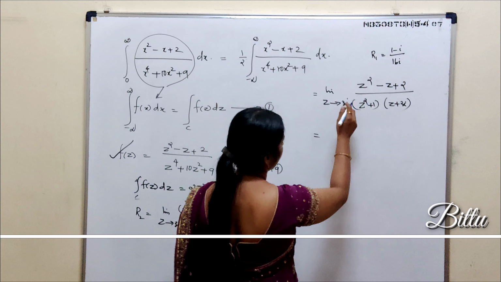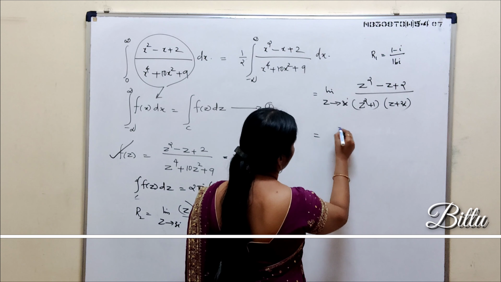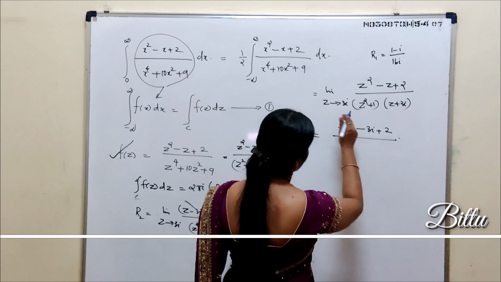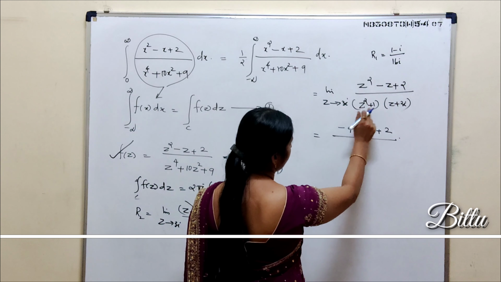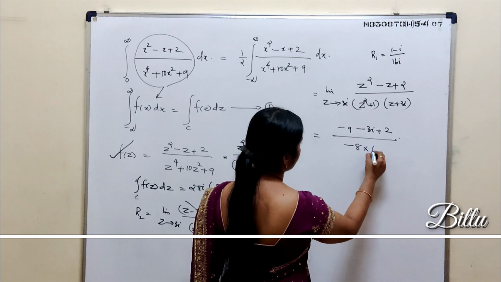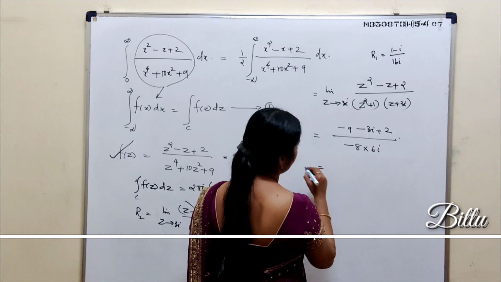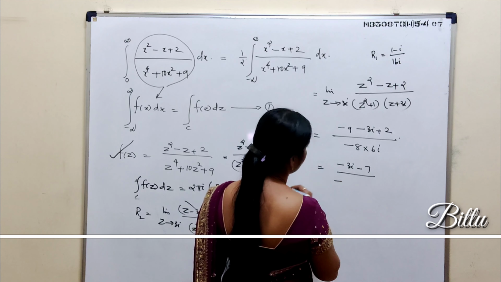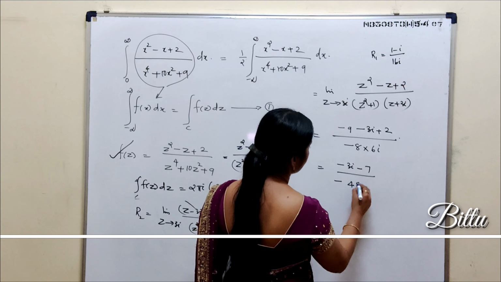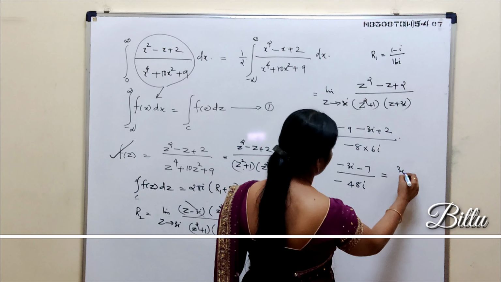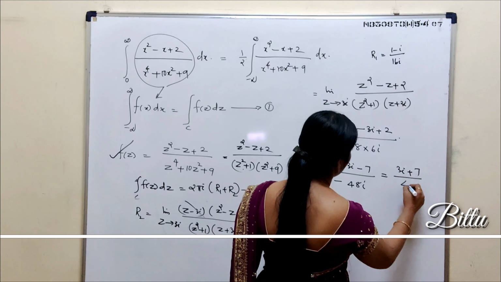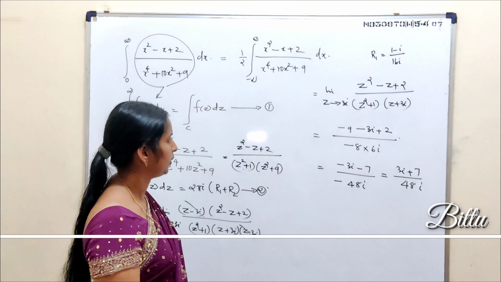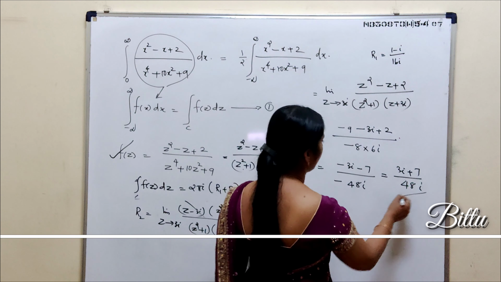You put z equal to 3i, minus 9 minus 3i plus 2 by, it is minus 9, that is minus 8 into 6i. That is minus 3i minus 7 by minus 48i. So it is 3i plus 7 divided by 48i. See, this is our R2.